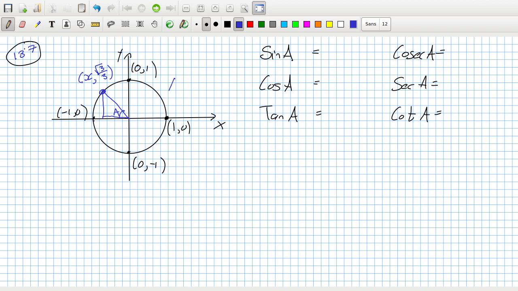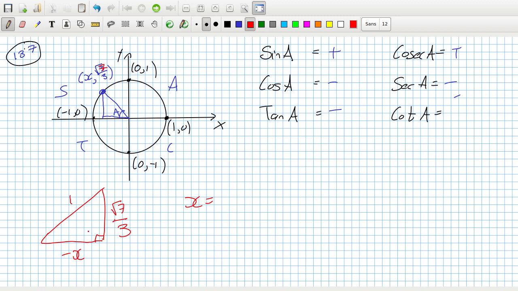So only the sine is positive. Okay, so if we draw a right angled triangle, this side is X, this is root 7 over 3, and then that's 1. So Pythagoras tells us the X, well, that's technically negative X if we're talking lengths.